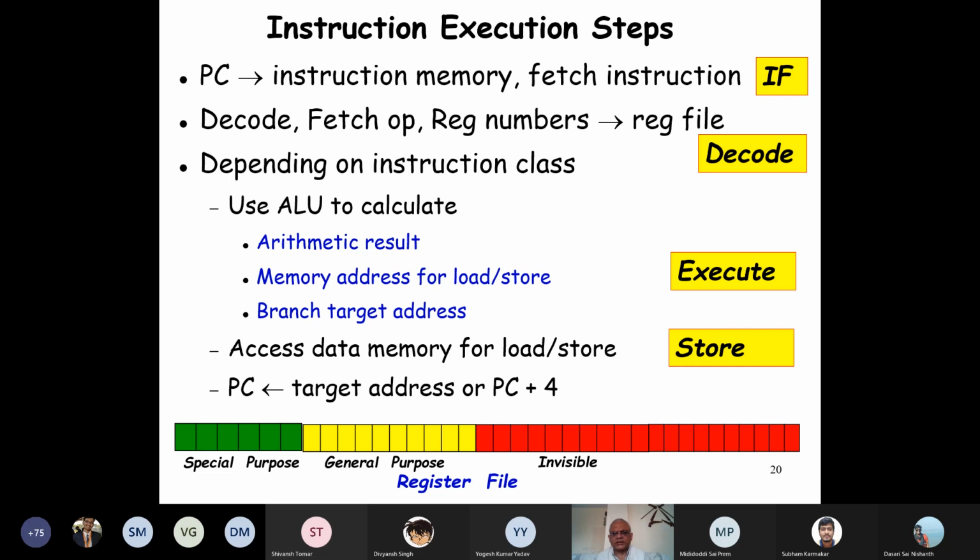Actually most of the instructions, excepting load and store, don't use the store phase, but to put them in a unified format, we say that all instructions do this: instruction fetch, decode, execute, and store or access the data memory and write in the register. For some instructions, we need to write in the register. So these are the main steps till the end of this course.